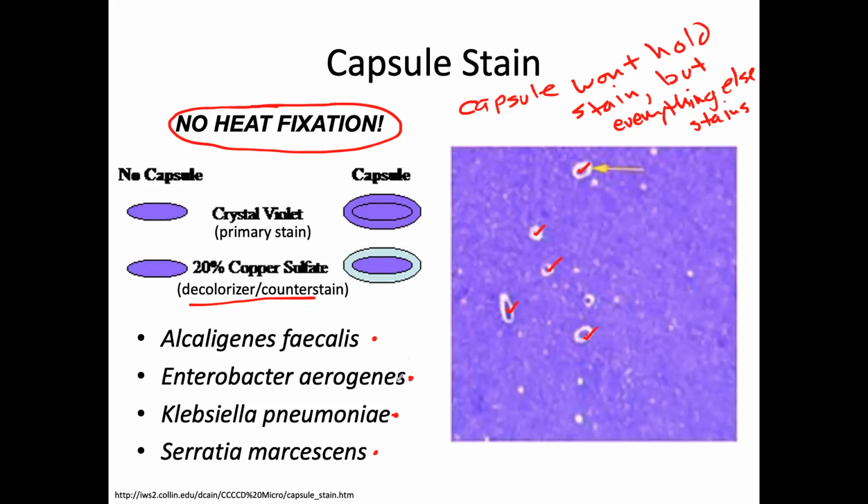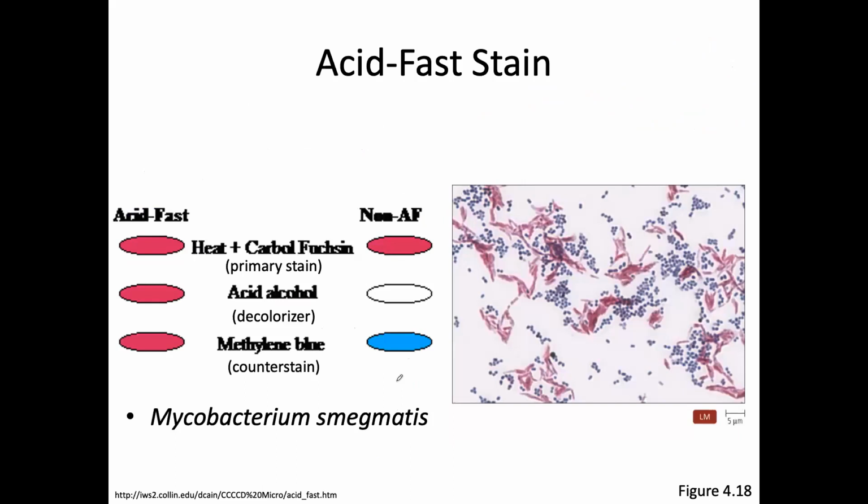There are others. Acid fast stain. In an acid fast stain, you treat with the primary. Acid alcohol is the decolorizer, so the non-acid fasts will clear. And then methylene blue is the counter stain. And so non-acid fast will appear blue and acid fast will appear red.